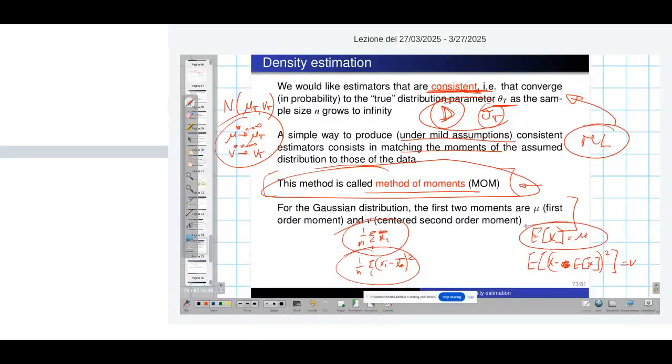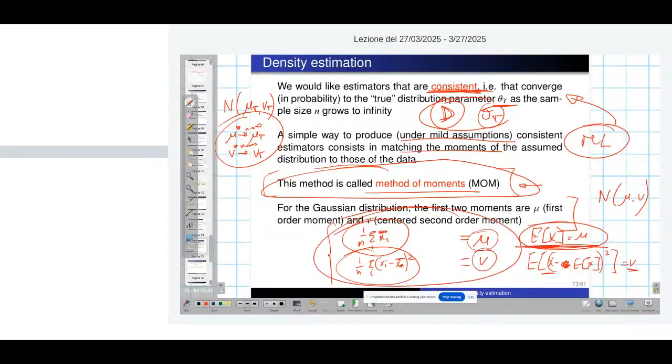This is the mean of a random variable which has a Gaussian distribution with mean mu, and this is the variance of a random variable which has as its density normal of mu, v. Then the method of moments says, let's match the moments, as many as we need to estimate all the parameters, and then this will give us a set of equations, in this case very simple because I have already here mu and on this side v, and from this set of equations we can find estimates for the model parameters.